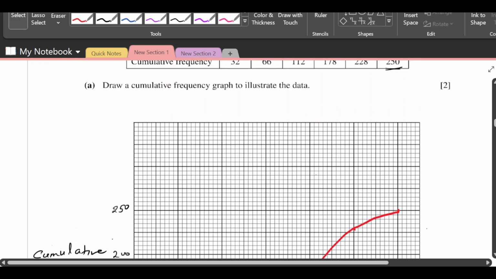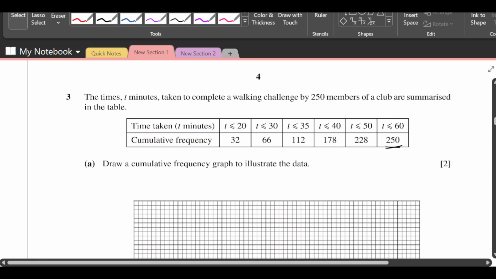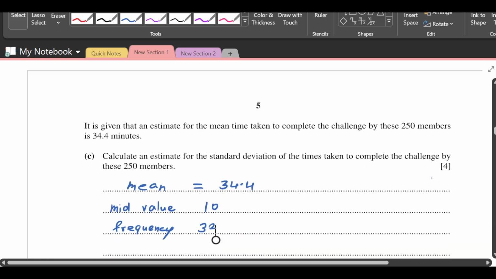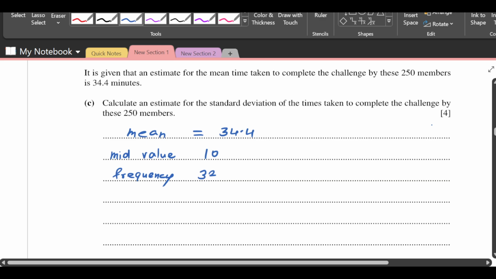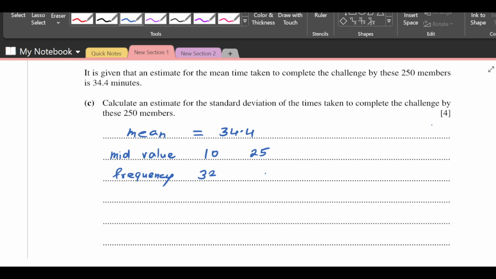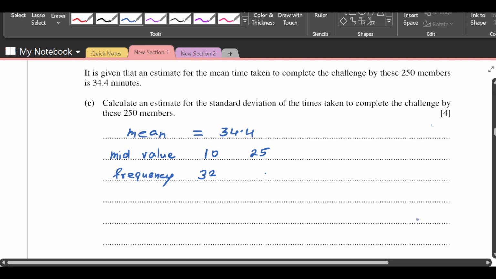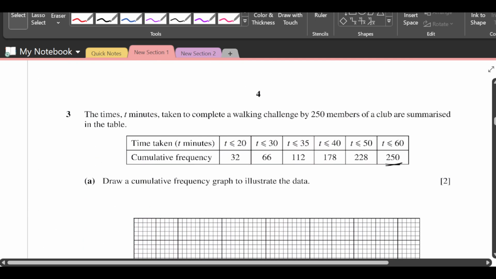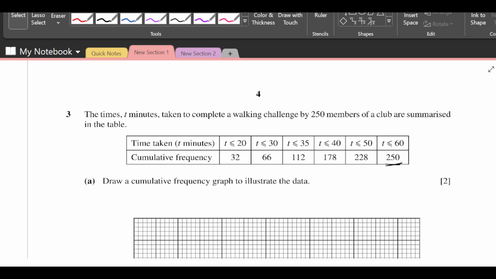Then 20 to 30, it's 25. For 25, the frequency is 66 minus 32, so it's 34.